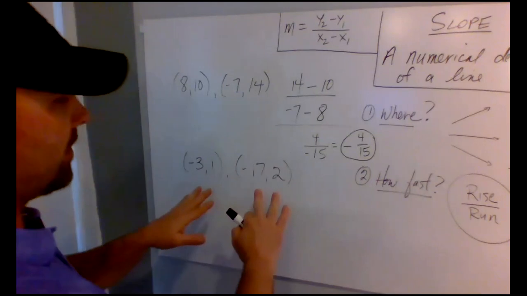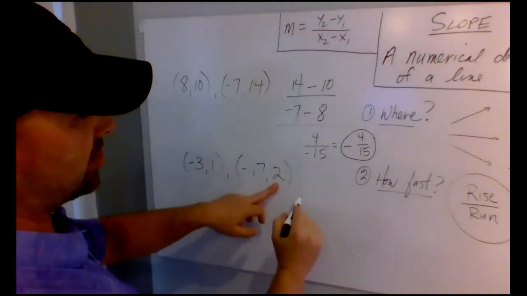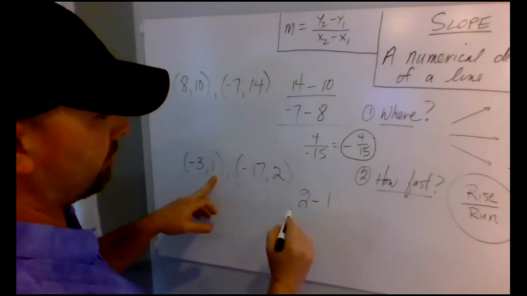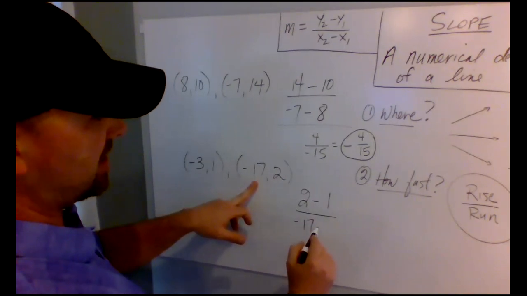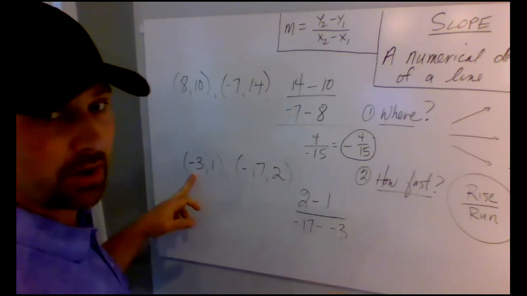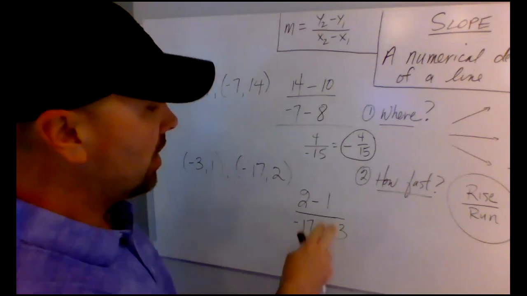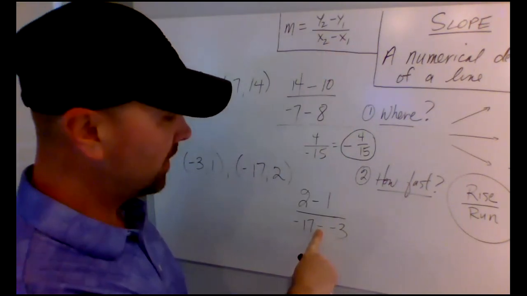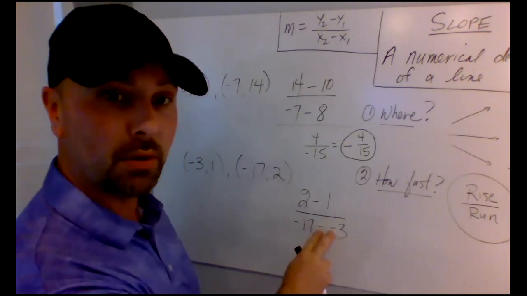Okay, and then number 2, same thing. Go back to our formula. y2, 2, minus y1, 1, over x2, -17, minus x1, -3. Okay, so I'm glad this one came up because I want you to see this minus is always part of the problem. If your second number is a negative, it gets both.